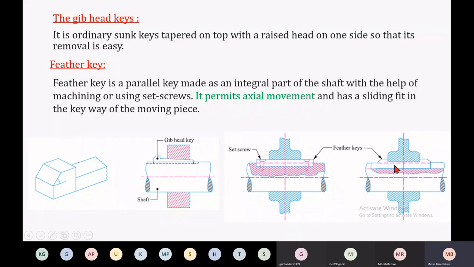So this is some kind of permanent fixture, and it takes care of axial movement, so a little bit of axial movement is possible during operation in the case of a feather key. So this is the feather key.